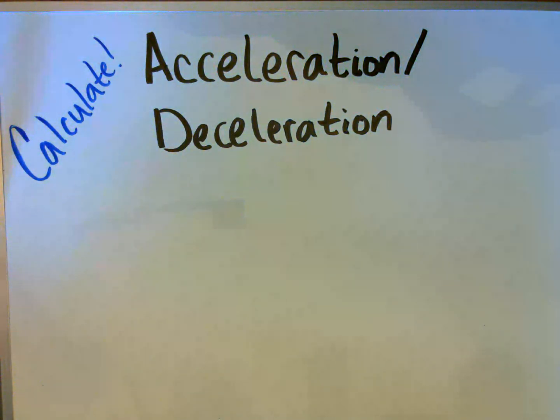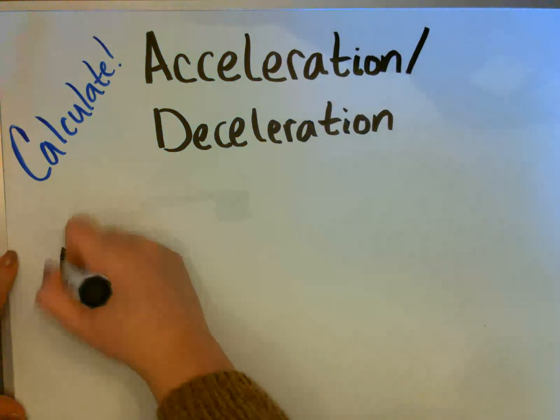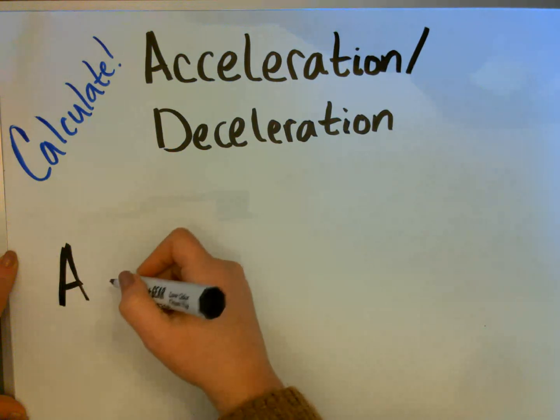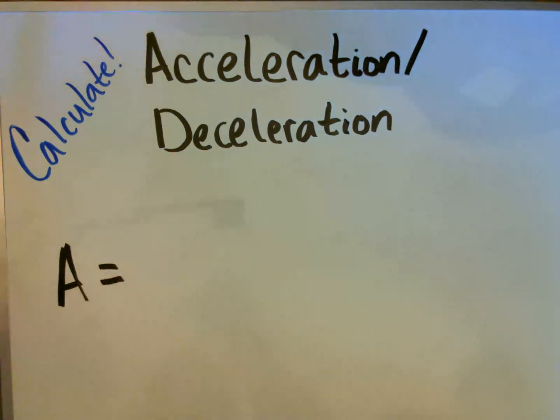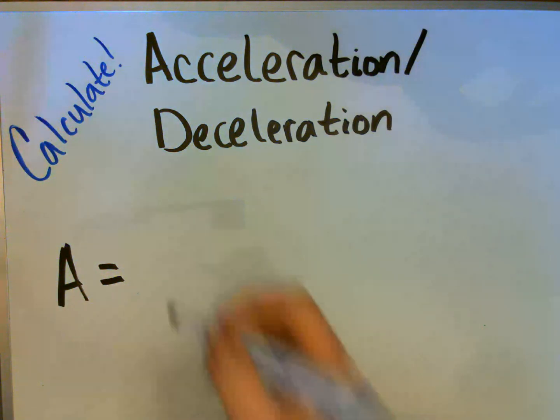Once we know these parts, final speed, initial speed, and time, we can write our equation for acceleration or deceleration. So, acceleration equals, we're going to keep the same color coding to keep it simple.